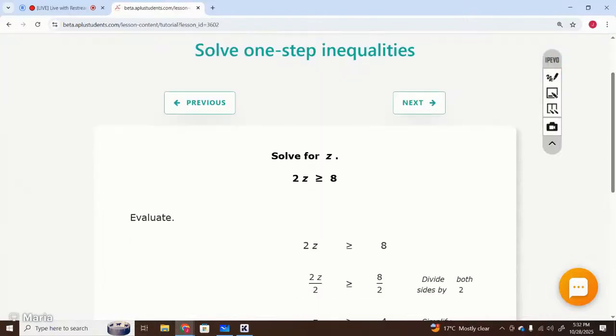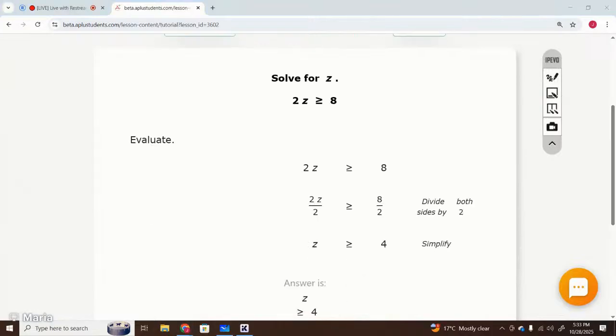2z is greater than or equal to 8. We need to find the value of z only.